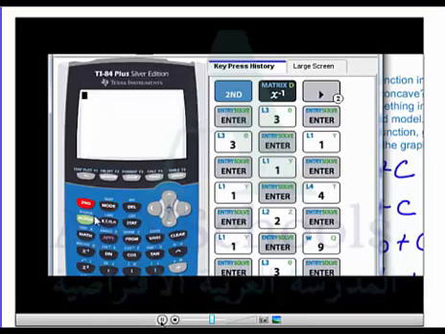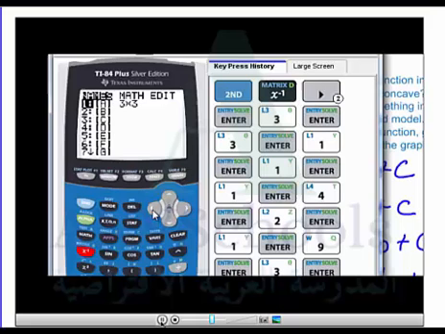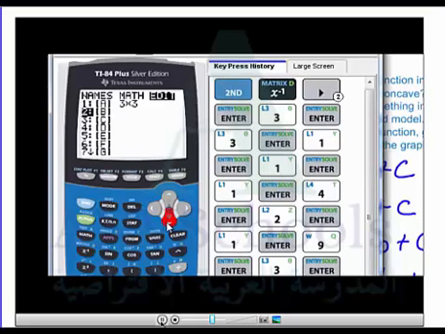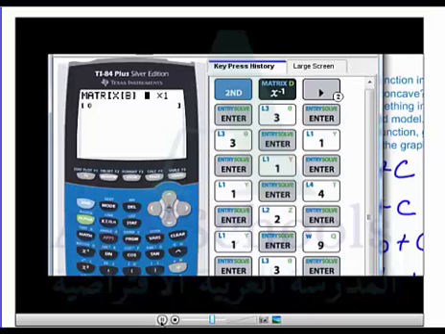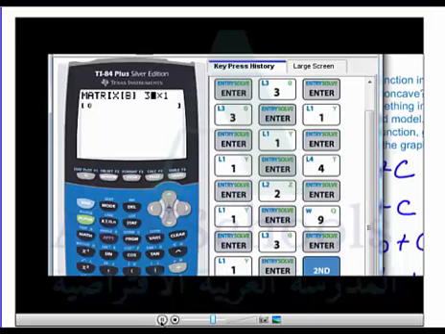Okay, so we're going to create the second matrix. We call it B, and we are going to input a 3 by 1 matrix, 3 for the rows and 1 for the column.